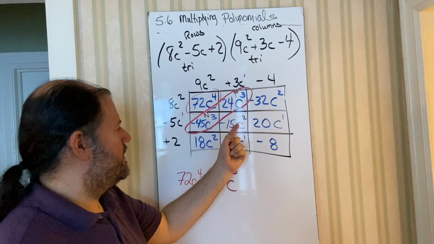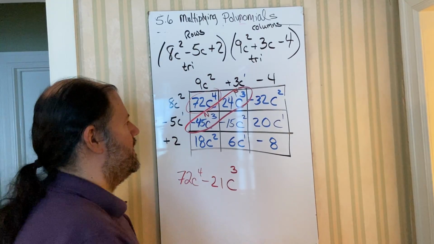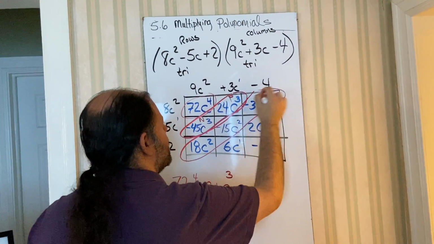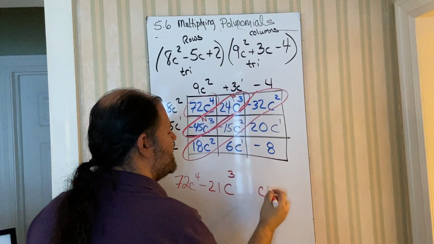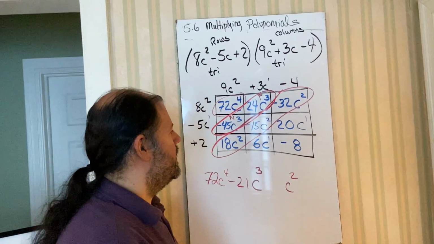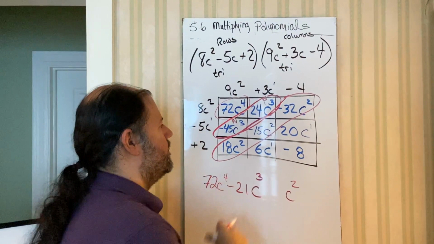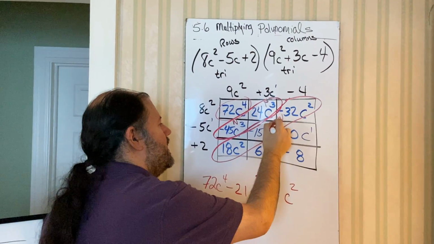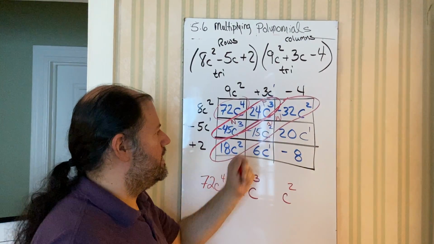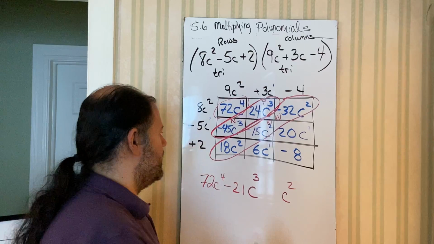Notice c squared, c squared, c squared. So it's going to stay c squared. Remember, collecting. Keep the same variable part. Now let's just do 2 at a time. We have a negative and a negative. So 2 negatives you know you're going to add. So this and this is going to be negative 47.